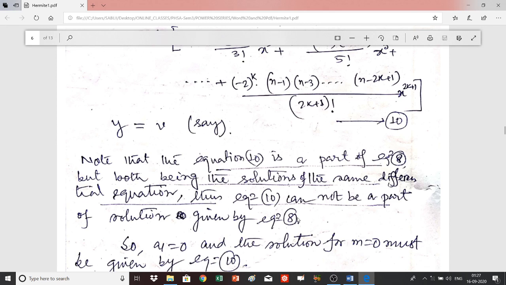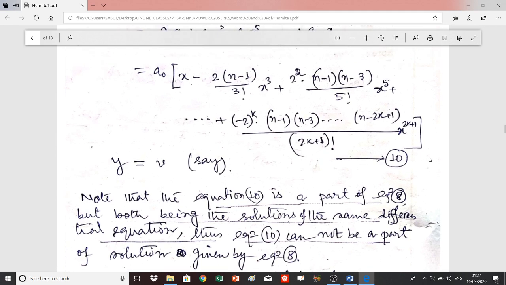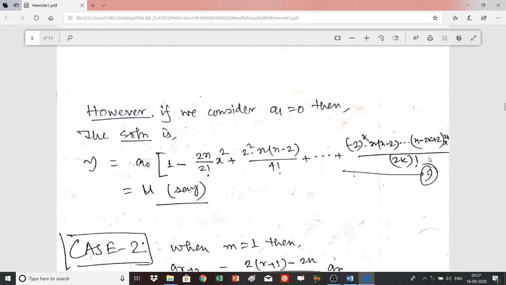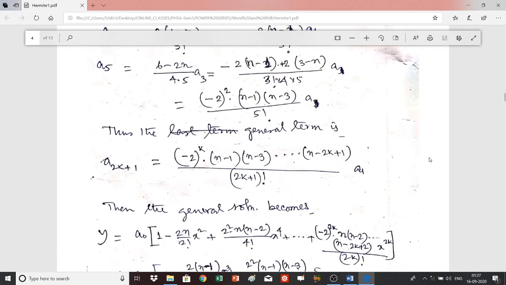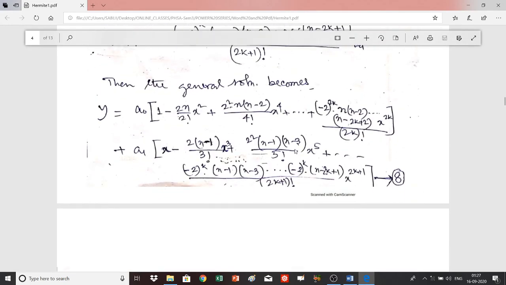So you see that this part is included in the case of m equal to 0 but a1 not equal to 0, that means equation 8. So actually, what we obtained in equation 10 is within this.